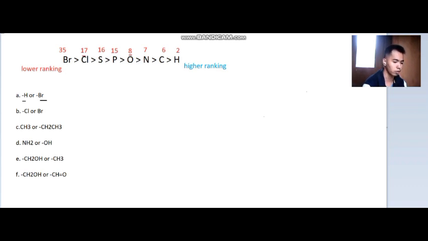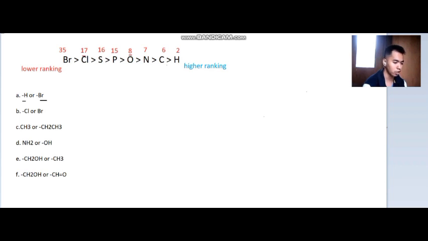So we can determine which element is higher than the other based on the atomic number. Here we have hydrogen compared to bromine.